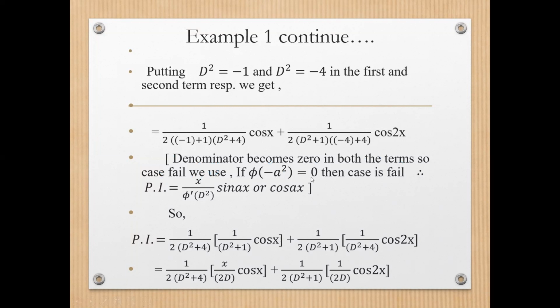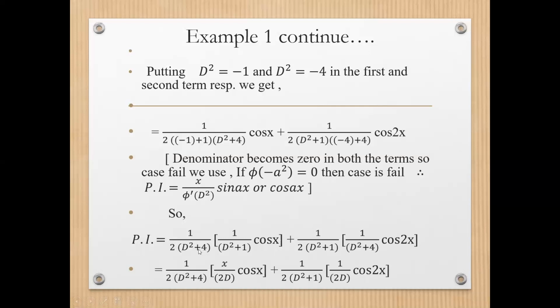If phi of minus a square is equal to 0, that is, the case fails, then use x upon phi dash of D square for sin ax or cos ax. Now see here, 1 upon 2 times (D square plus 4) into bracket 1 upon (D square plus 1) cos x plus 1 upon 2 times (D square plus 1) into 1 upon (D square plus 4) cos 2x. Why am I writing like this?